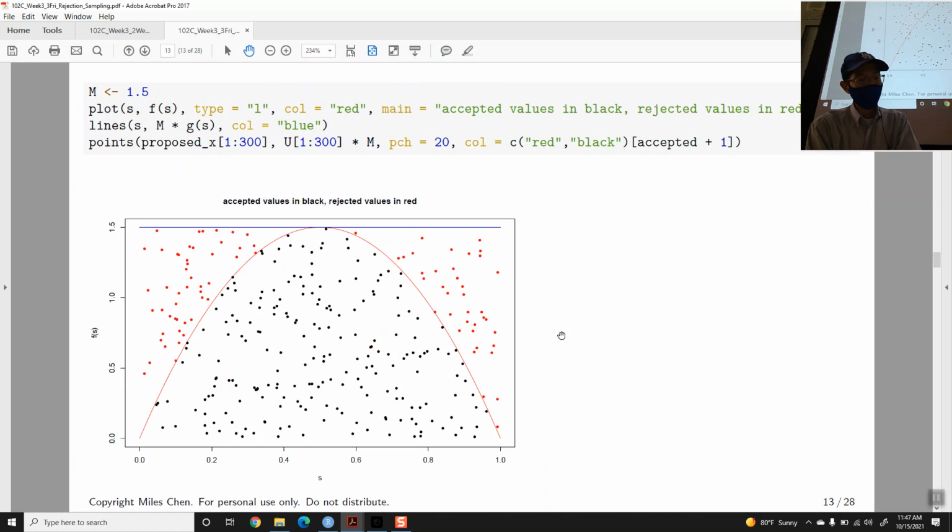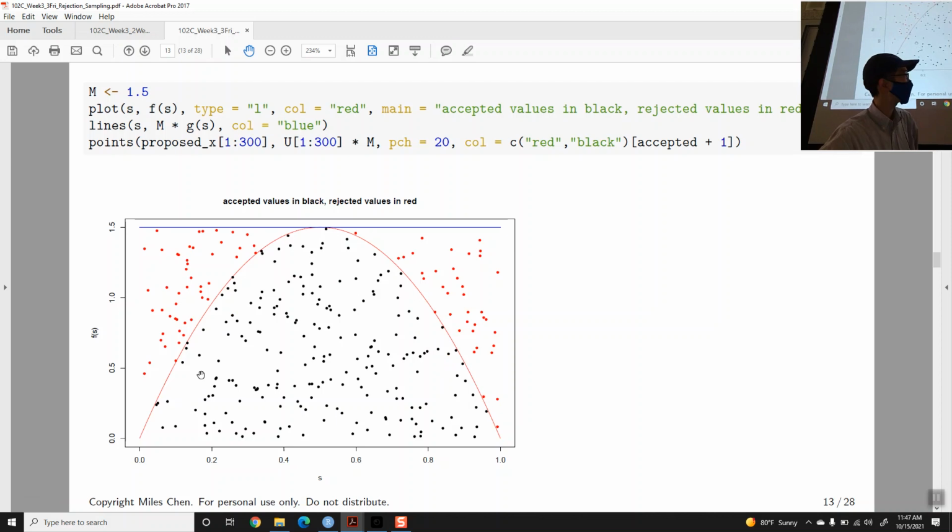Here's a little plot of what happened, okay? So here the horizontal position represents the random value I generated, and the vertical position is that random uniform value, right? So I'm accepting based on the uniform value. I only accept if the uniform value ends up lower than what that ratio ends up being, okay?